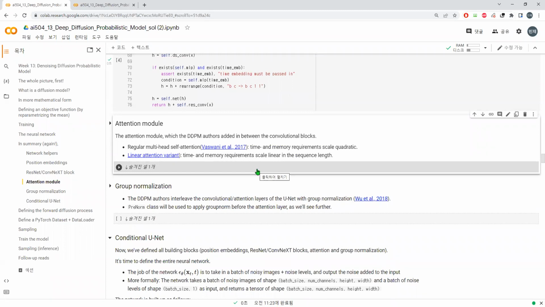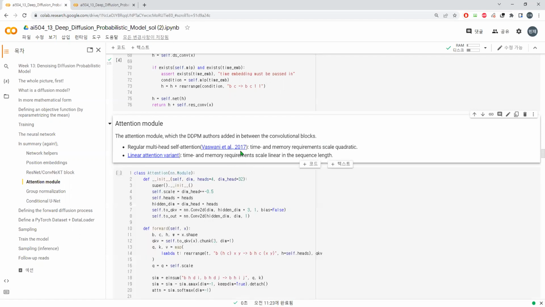Attention module. There was a transformer class in our program for the AI class, right? There are two kinds of attention. The first one is regular multi-head self-attention from the original transformer paper, and the second one is linear attention.